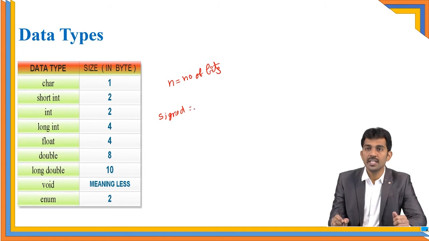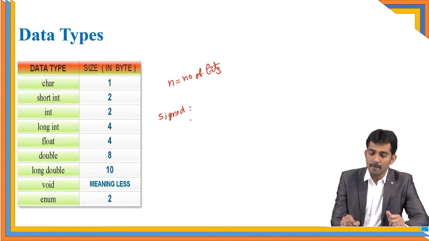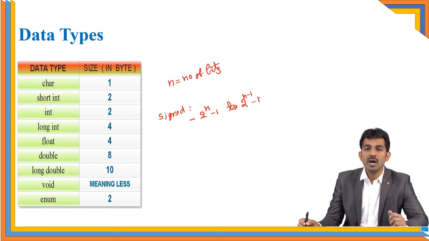Please note this. Signed means it is going to take values from -2 power n minus 1 to 2 power n minus 1, minus 1. This is the maximum and minimum value going to be stored by signed data types.